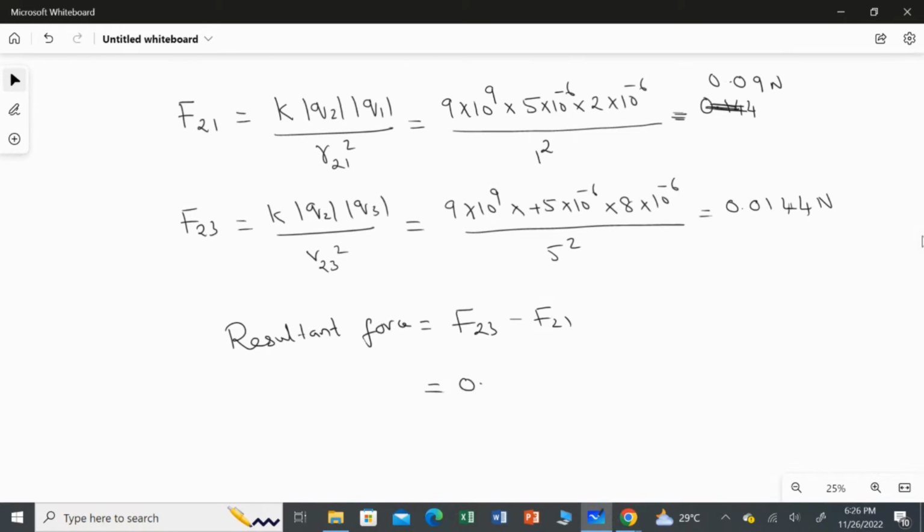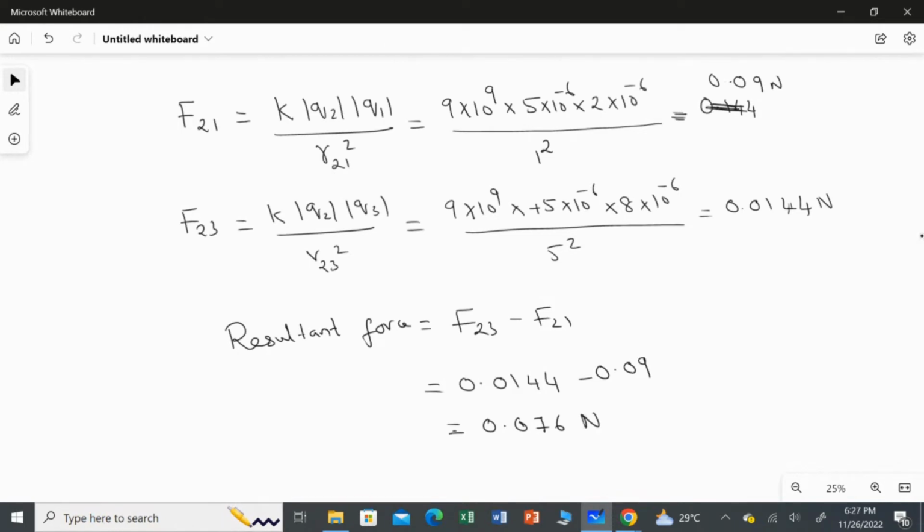So by that the answer becomes 0.0144 minus 0.09. 0.0144 minus 0.09, I got the answer as 0.0756. So I can write 0.076, and what's the unit?